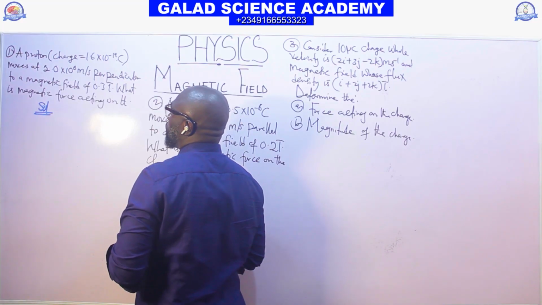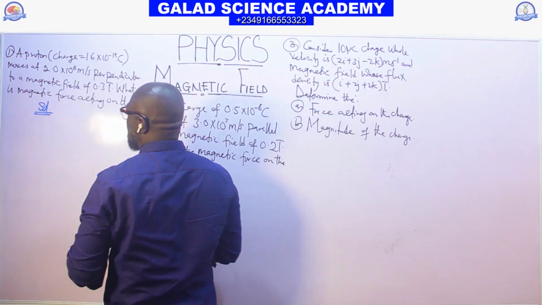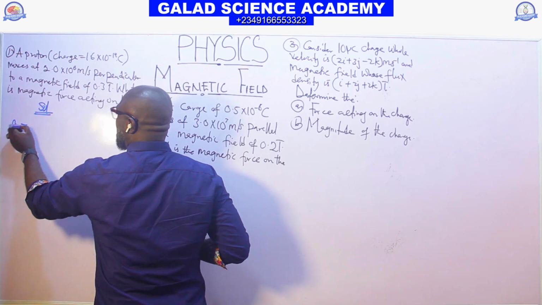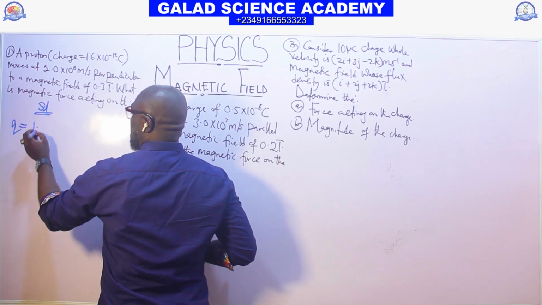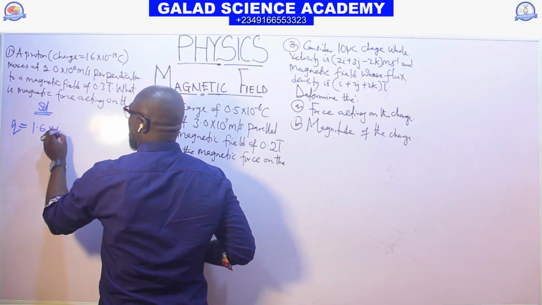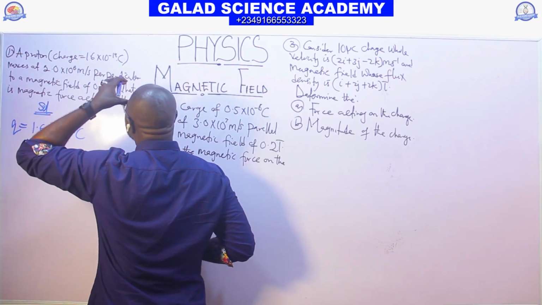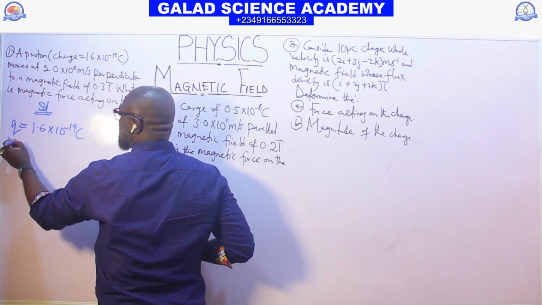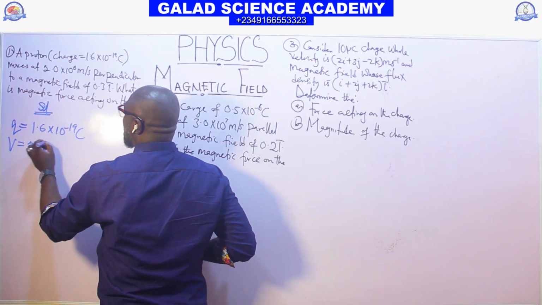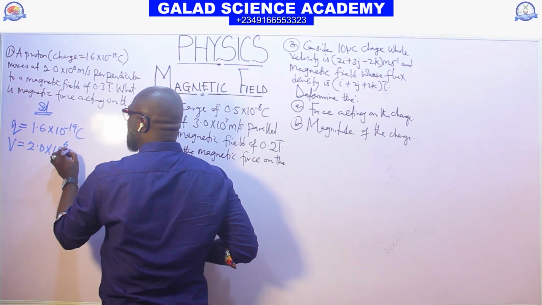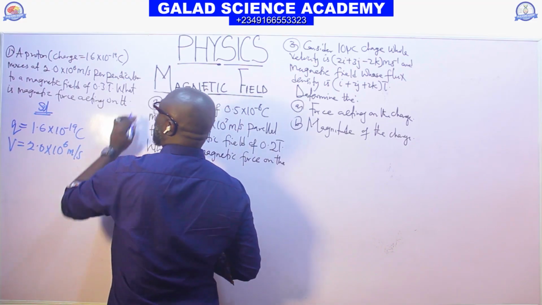We are given the proton of charge this. So our charge Q here is 1.6 times 10 to the power minus 19 coulomb. The velocity of the charge is 2.0 times 10 to the power 6 meter per second, perpendicular.